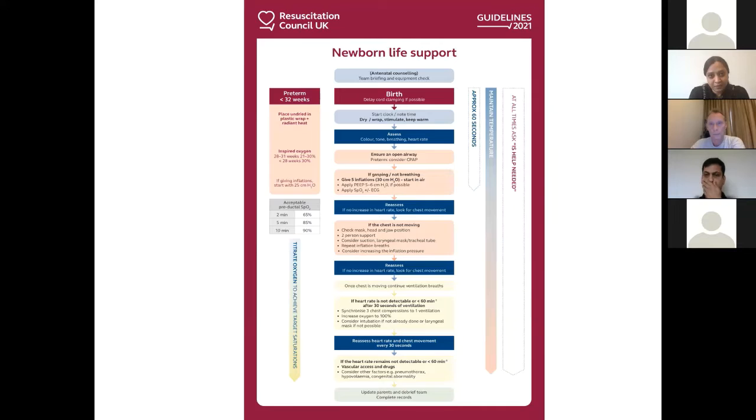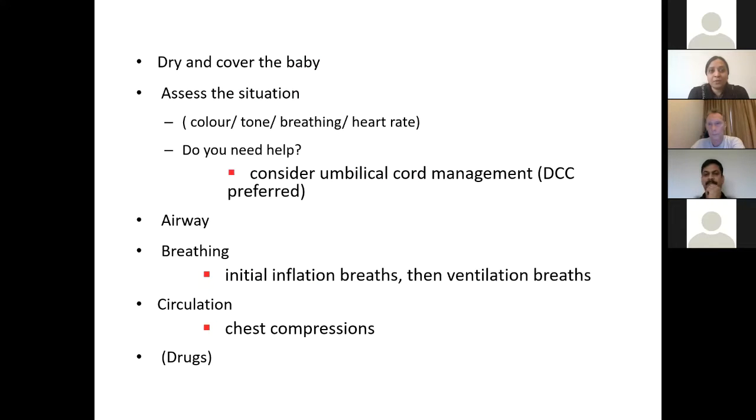So if you break it down, you're drying and covering the baby, assessing the situation. So we're looking at color, tone, breathing, and heart rate. And while you're doing that, you're also thinking, do you need help? One of the things that's been introduced as a new thing, or given more emphasis, in the new algorithm is considering optimum umbilical cord management.